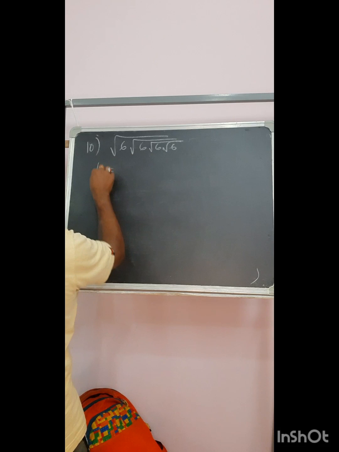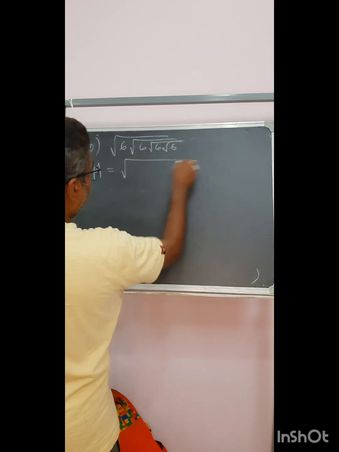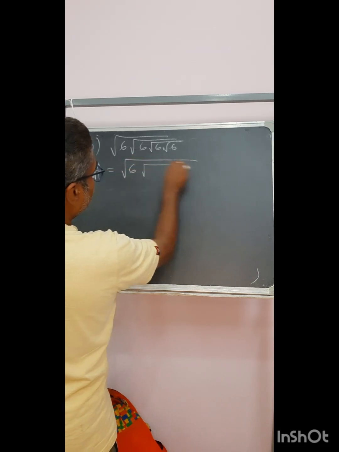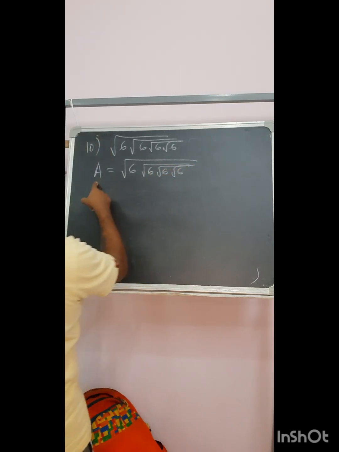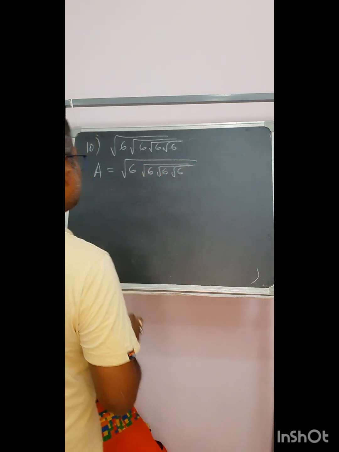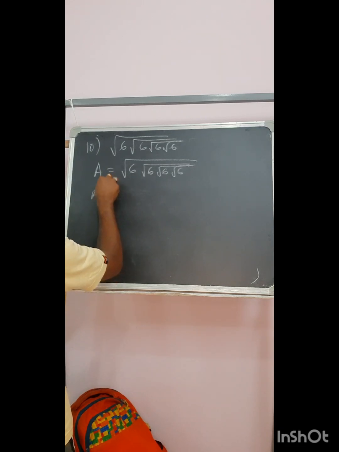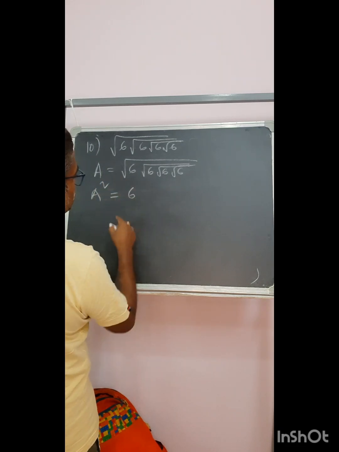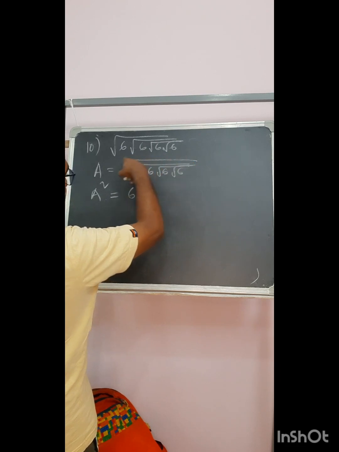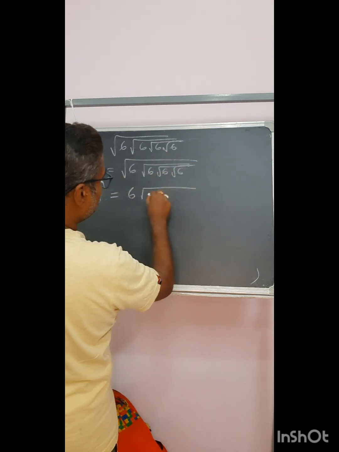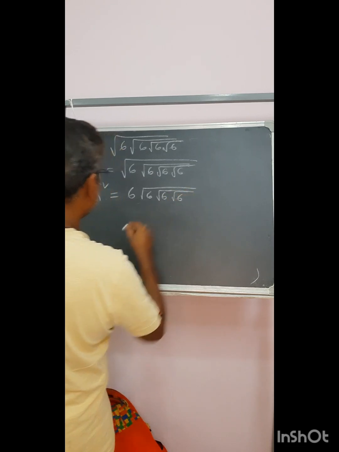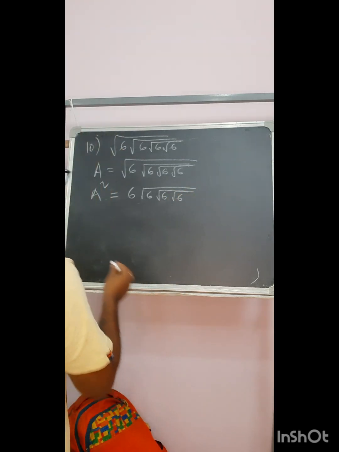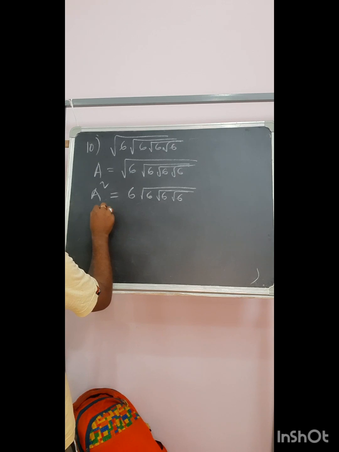Let's say this is value a. Now these things will come like this: root 6, and root 6. I am assuming this is what I get after the removal of surds. If I square it up, only the last surd will be removed, and the remaining surds will be as they are. If I go on doing that, every time I will get something like that.